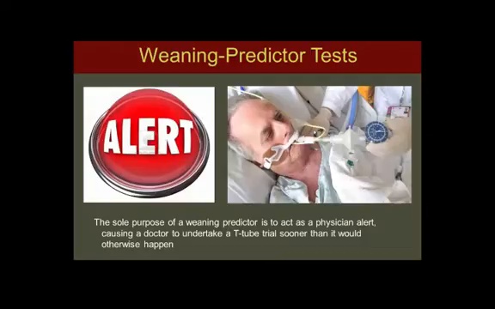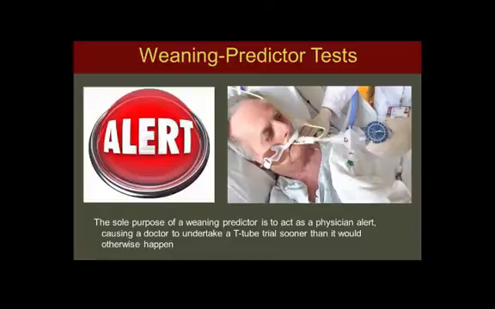Again, a weaning predictor is performed solely for one reason, and that is as a physician alert to cause you to undertake a T-tube trial sooner than you would otherwise do it. That is the only reason to do it. I mean, you're wanting to be proven wrong. It's your gut feeling this patient is not ready, but then you're doing the weaning parameters to prove yourself wrong.